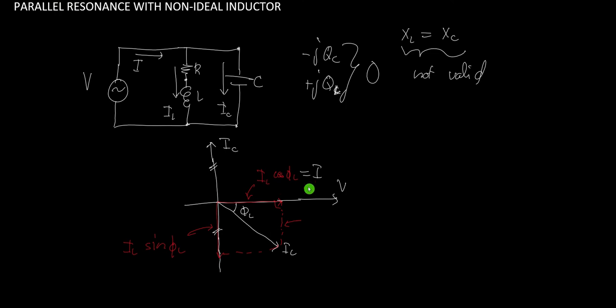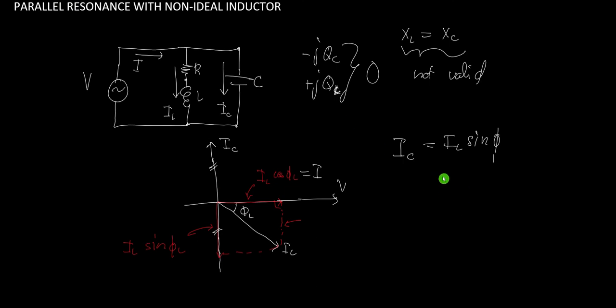So in order for us to do that, we need to make IC equal to IL sine phi. IC should be equal to IL times sine phi. The magnitude of IC should be the same as the magnitude of IL sine phi L, so that if you add these two, the sum will be equal to 0. Okay?